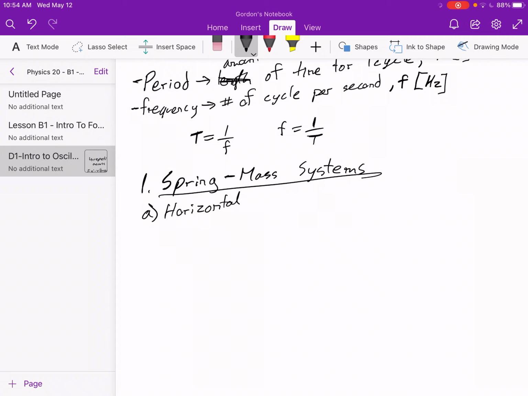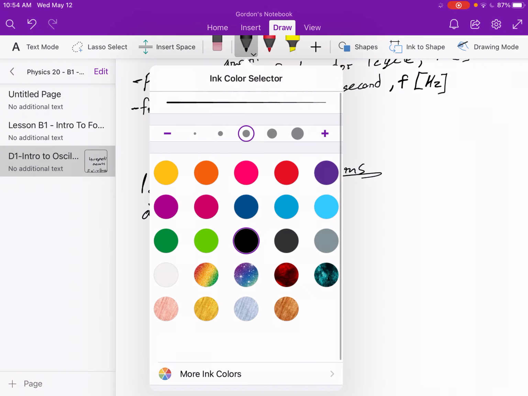Horizontal ones are typically a little bit easier to think about, because once we're looking at vertical ones, then we start to have to worry about gravity. Like I drew above, we'll draw another little picture here. We've got a spring with a spring constant. Remember, this is the spring constant.